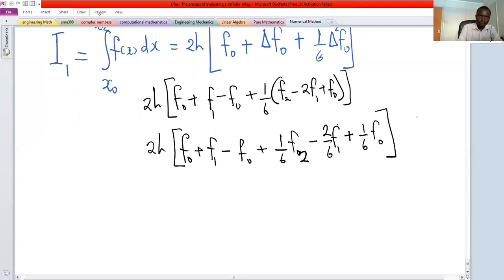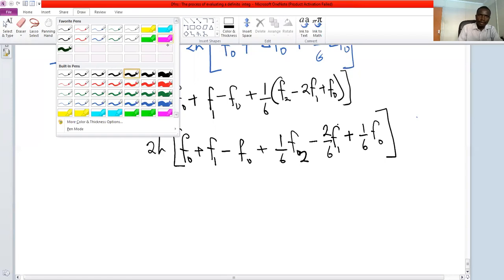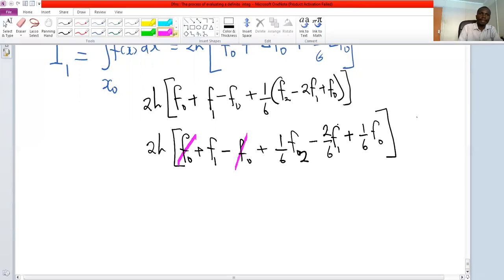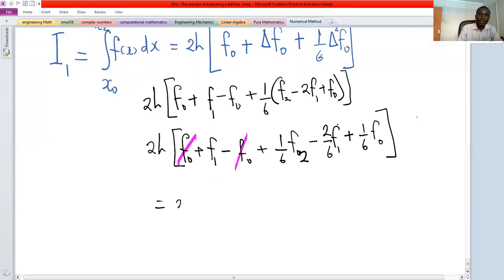Now, this and this cancel out. And we have 2h into F1, collecting like terms. Let me start with 1/6 F0, and then F1 minus 2/6.